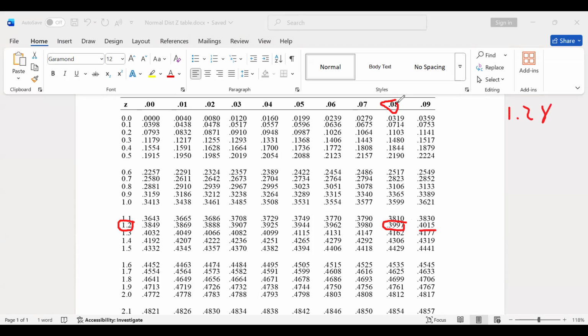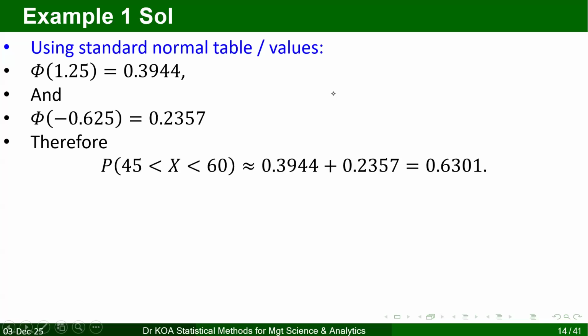Do you understand the rest? Yes. What do you do with this 1.28? Bring it back into the formula. Substitute into the formula. The formula is Z equals X minus mu over sigma.